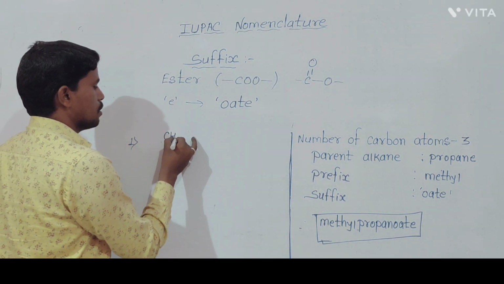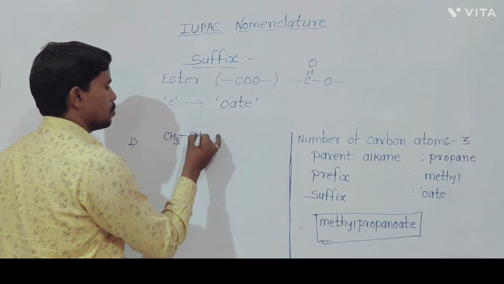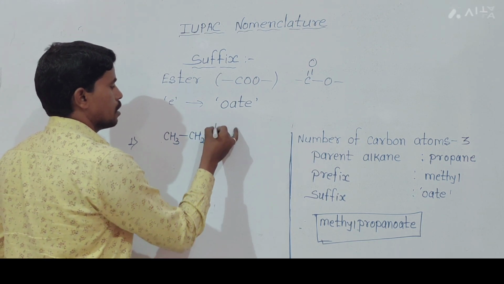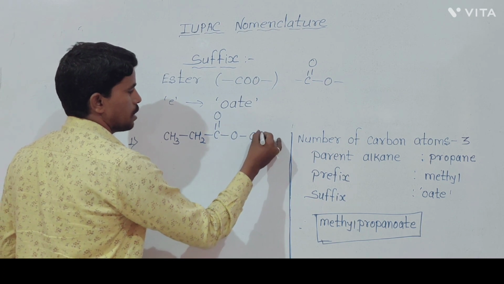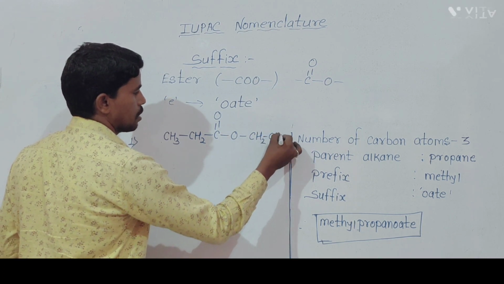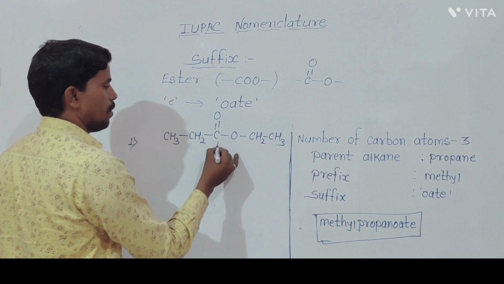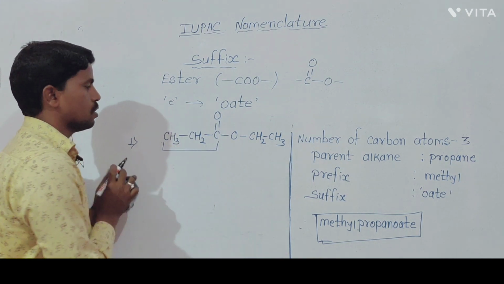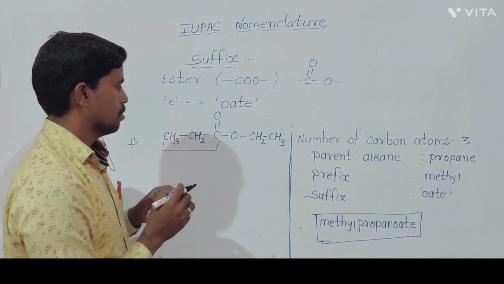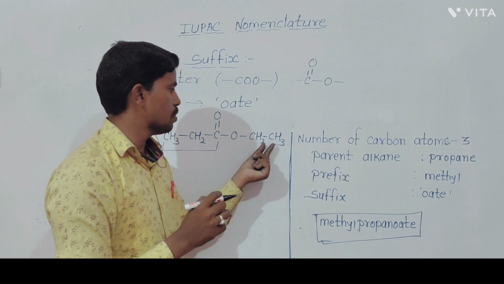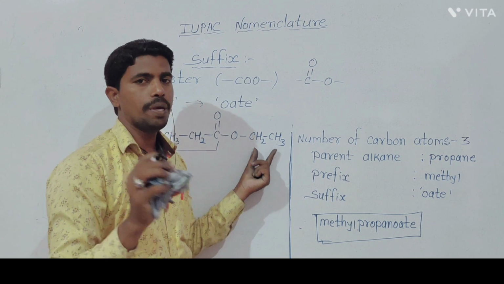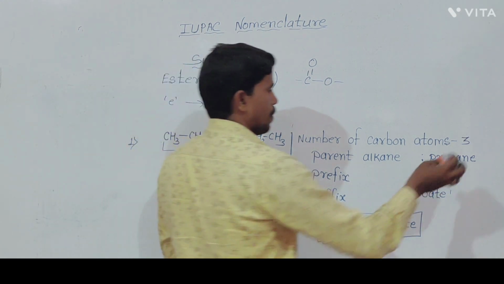Here, this is CH3, CH2, C double bond O, this is CH2, CH3. Here, the number of carbon atoms present in the longest chain is 3. This is 1, 2, 3, and CH2CH3 is the prefix. Ethyl is the prefix.